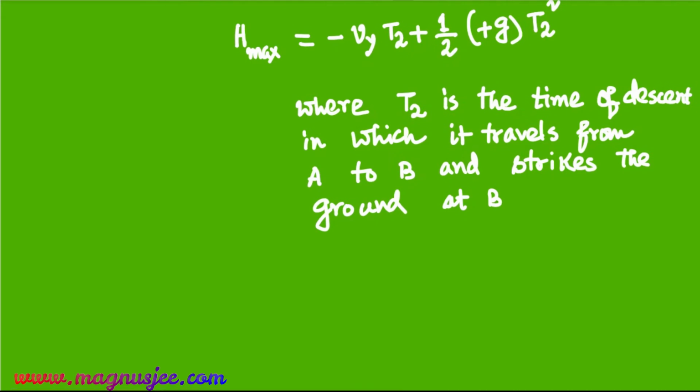And in this case, the vertical component of velocity Vy is in the opposite direction with respect to the vertically downward direction. That's why in place of u, we have used minus Vy.